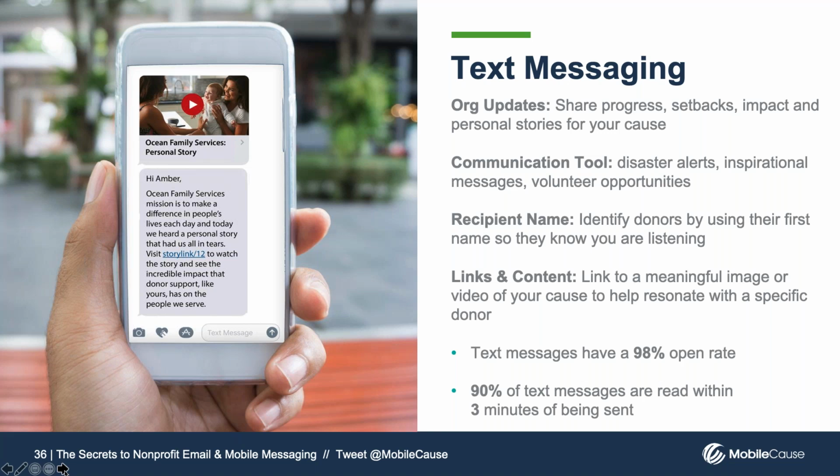Thinking back to making your messages convenient and timely, use it as a communication tool for things such as disaster alerts, volunteer opportunities, and of course, sending inspirational messages to inspire your supporters to give back to your mission and participate in your nonprofit.